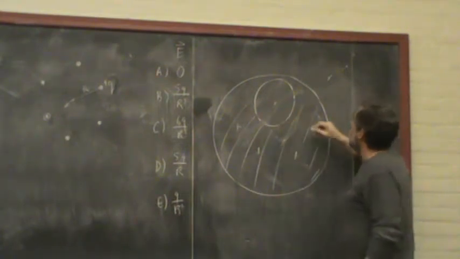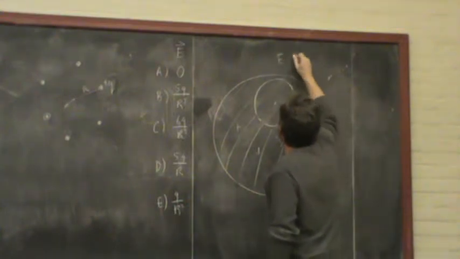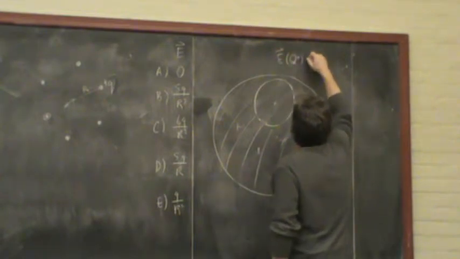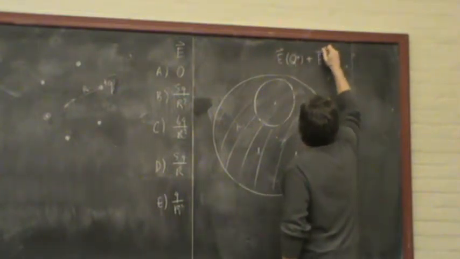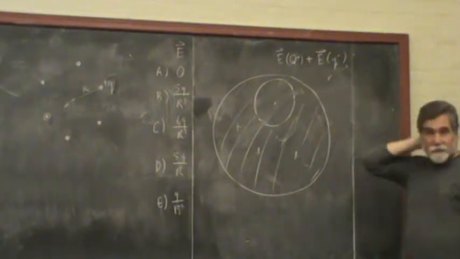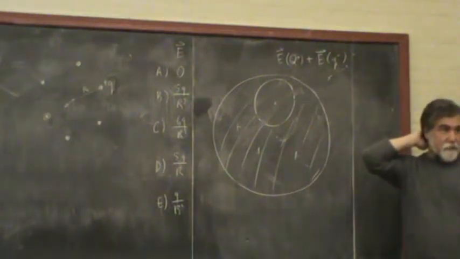So I end up adding the field due to Q plus the field due to Q minus at their respective locations, right?